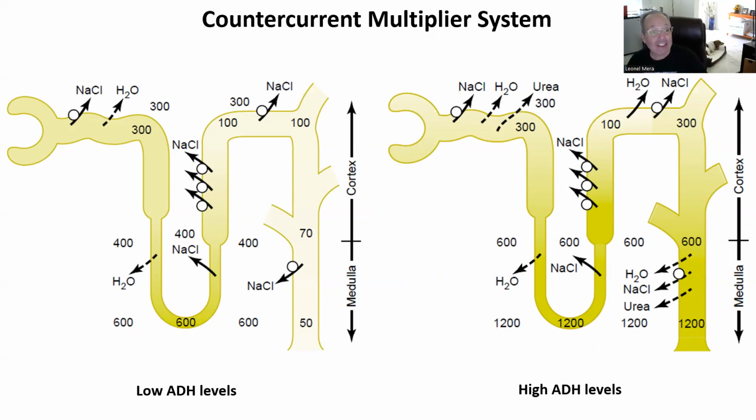In the absence of ADH, which acts at the level of the distal part of the distal convoluted tubule and the collecting duct, there's not going to be water reabsorption, only ion reabsorption. So the urine is going to leave the loop of Henle very diluted, is gonna get into the convoluted tubule, and it's gonna get even more diluted. And by the time it gets to the collecting duct, it's gonna be even more diluted. Now we're talking about a person who drinks a lot of water, like myself. I drink a lot of water, so my urine is always diluted.